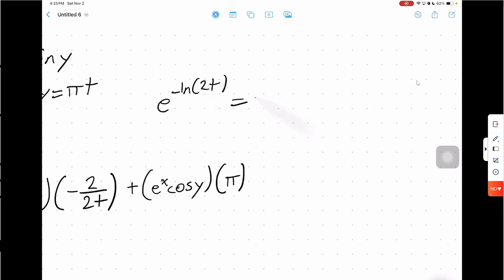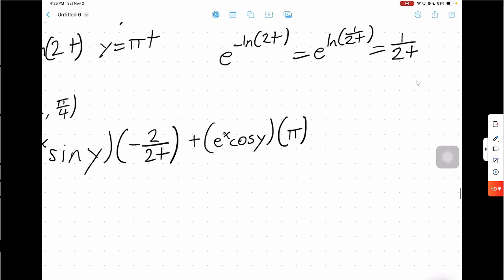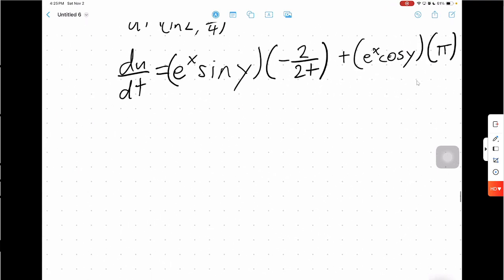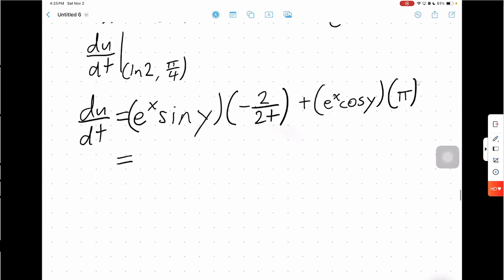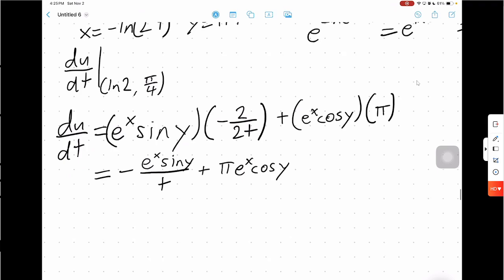This should be e to the ln of 1 over 2t, which is just 1 over 2t. Alright, so this is just negative 1 over t, so this is just negative e to the x sine y over t plus pi e to the x cosine of y.